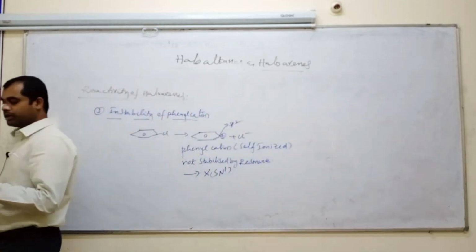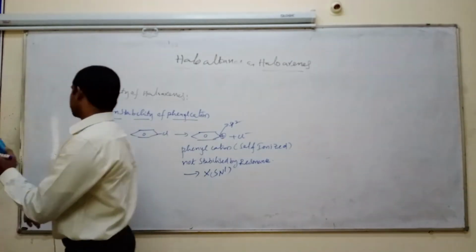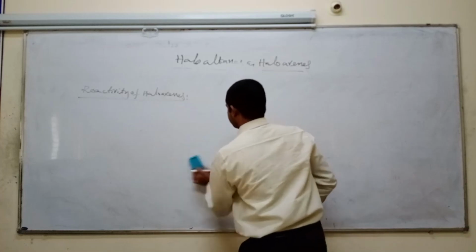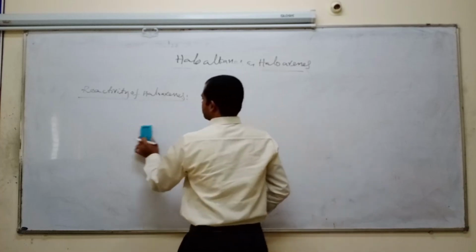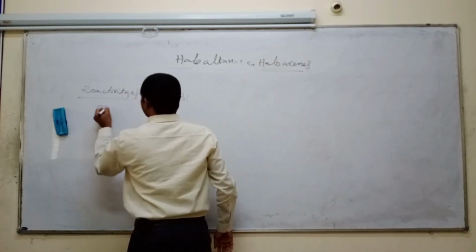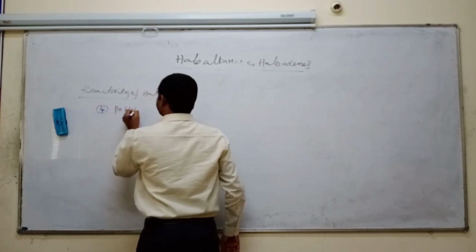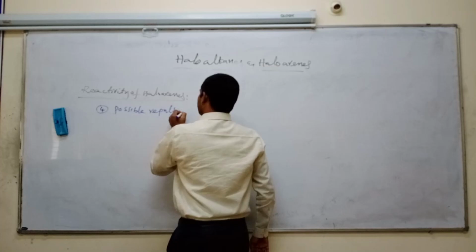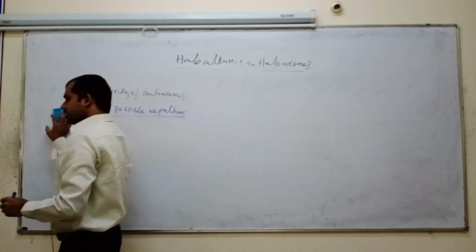And the last fact I said is because of possible repulsions. What is the repulsion? Generally, this is an alkyl halide, and this is a haloarene.